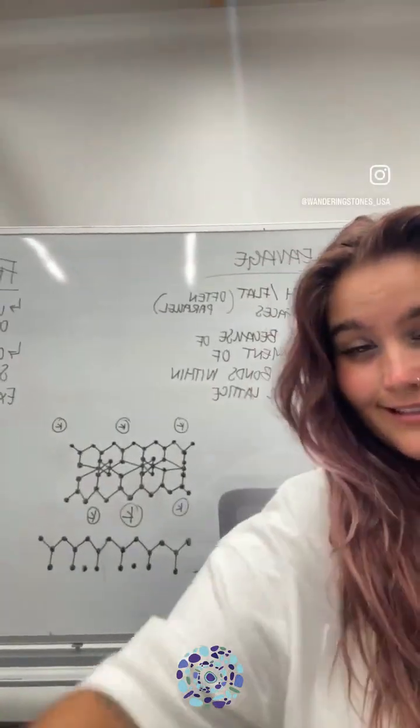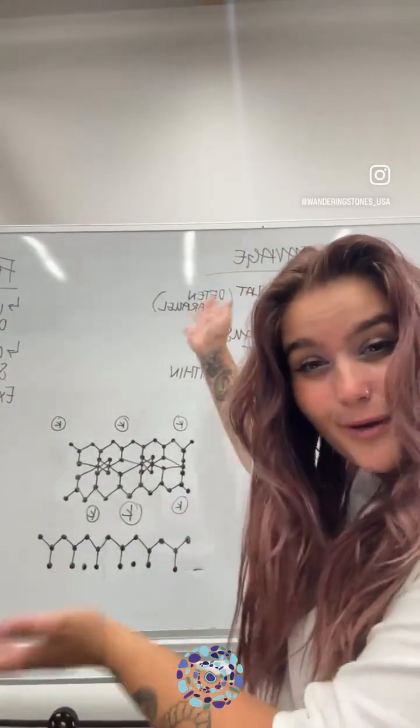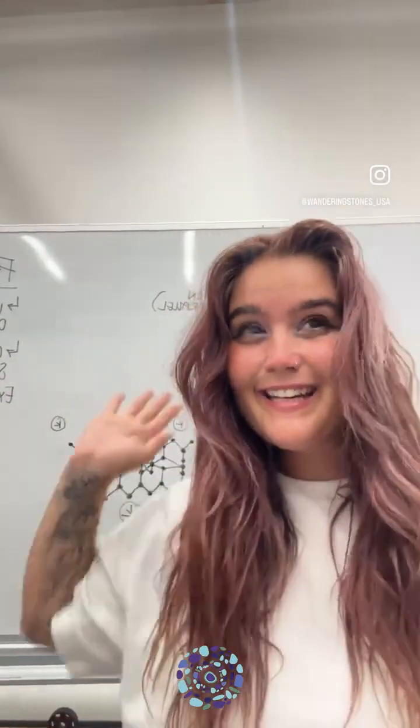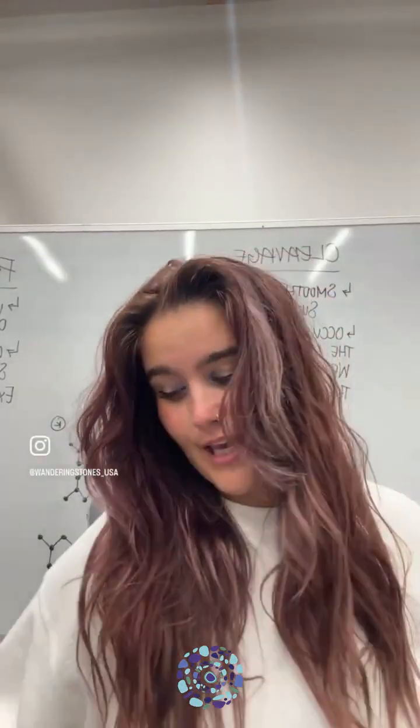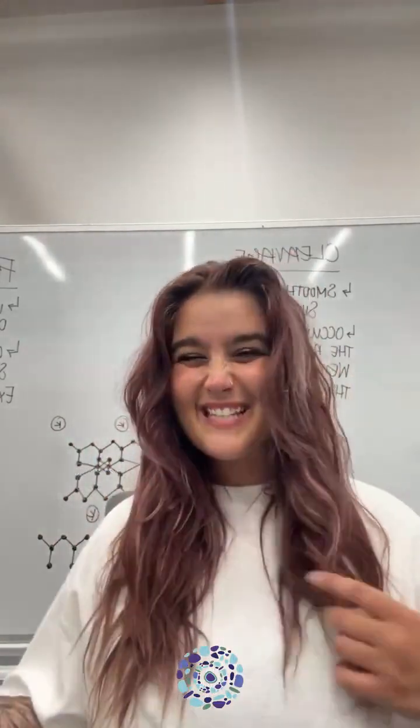Alright, for this one, I brought out a whiteboard because cleavage and fracture can be a little bit challenging in terms of conceptualizing them. So it also isn't super clean cut and simple.